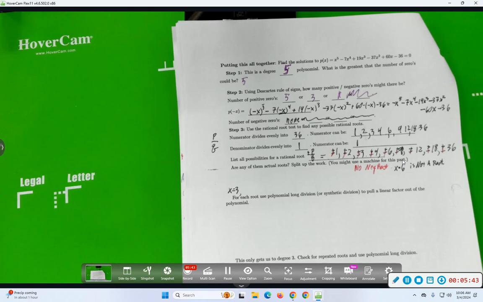Yeah. 4 and 9 are not roots. 4 and 9 are non-roots. 2 is not a root. What about 18? Cool. So I guess 1 and 36 are the last things on the list. What'd you get?